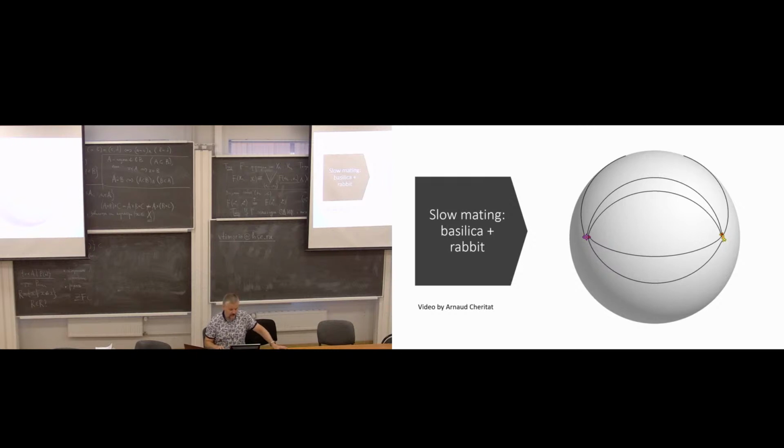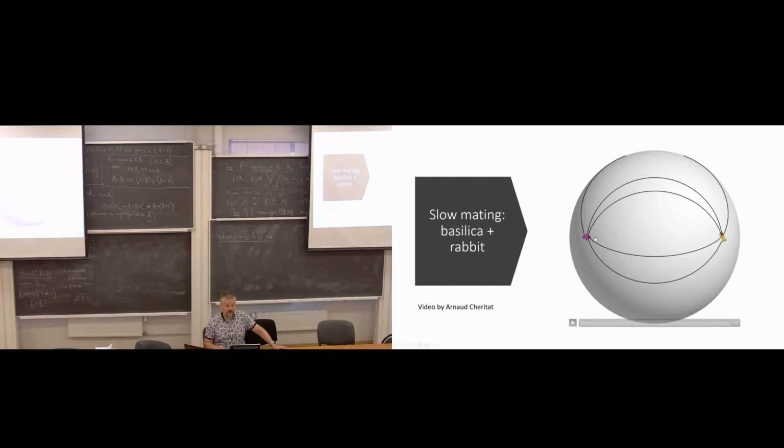So this is a figure of a mating of a basilica and a rabbit. You already see a basilica here, a small basilica, and a small rabbit. And in which sense is this a slow mating? You will see a way of gluing the two things.